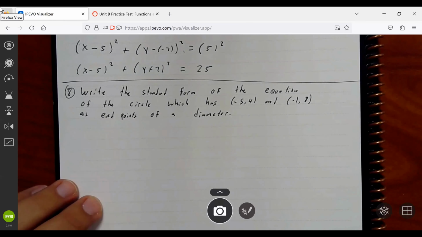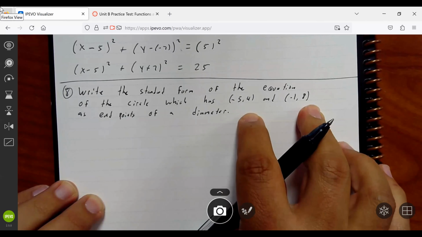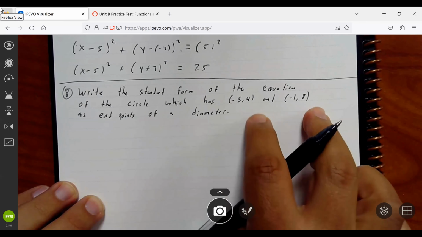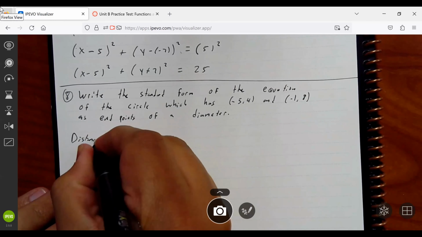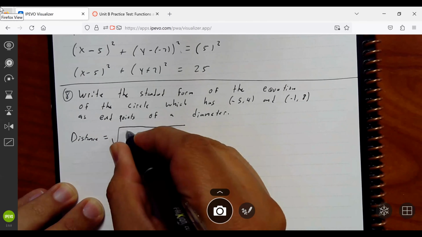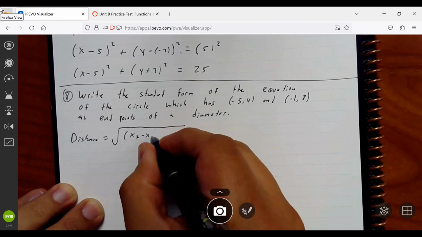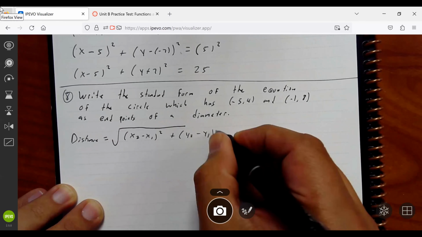So basically we know that these are opposite sides. So what is the diameter? In order to find the diameter, we would use the distance formula. That'll be the square root of (x2 minus x1) squared plus (y2 minus y1) squared.